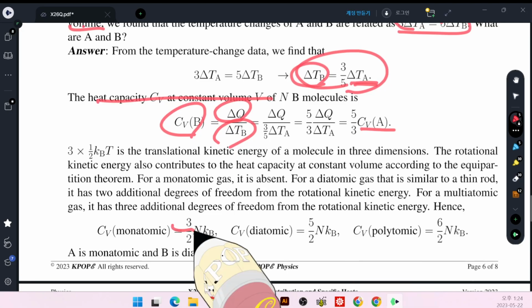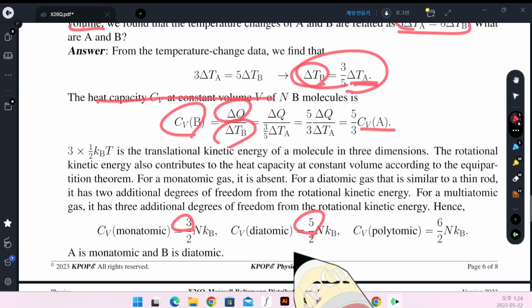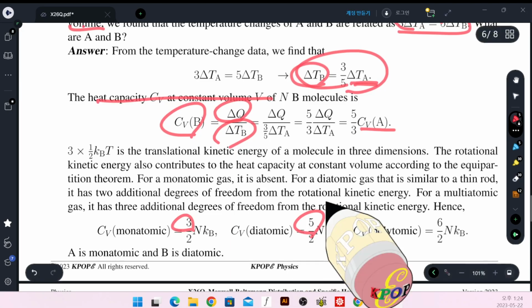Based on this idea, we have a ratio of 3 and 5, and the one is diatomic and the other is monatomic. So A is monatomic and B is diatomic.